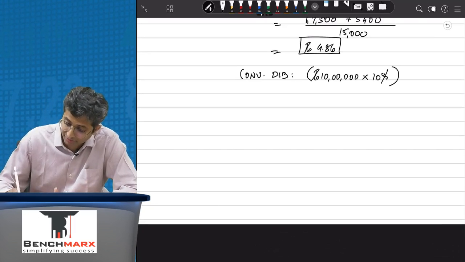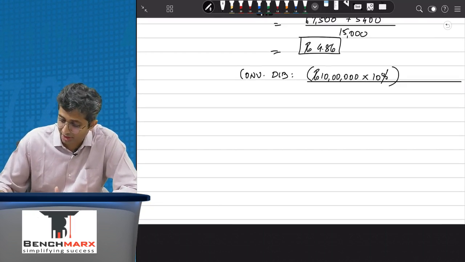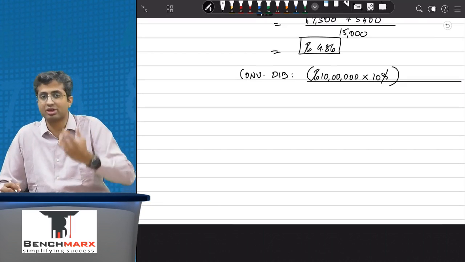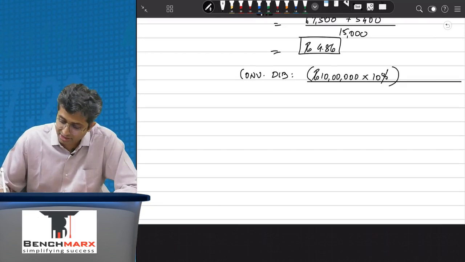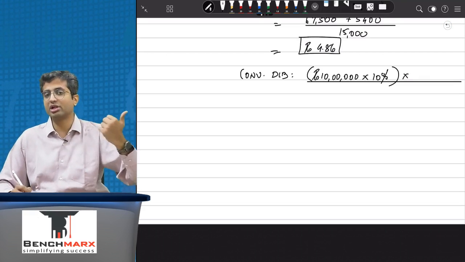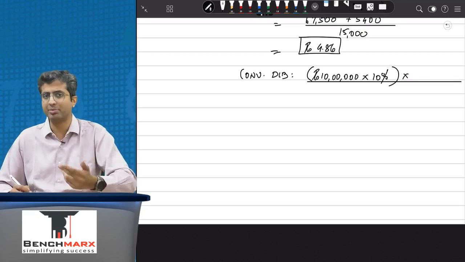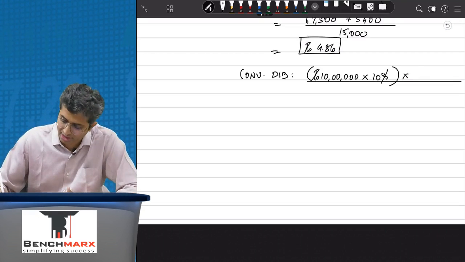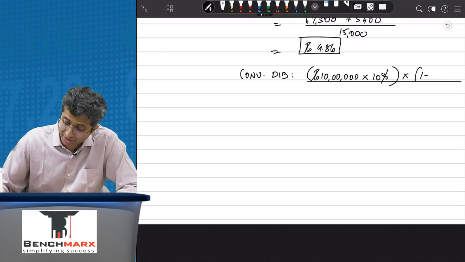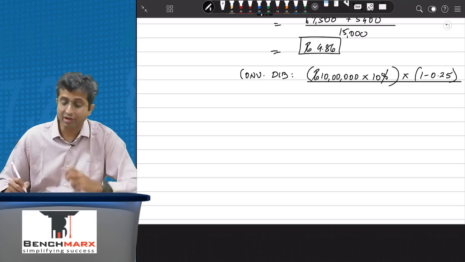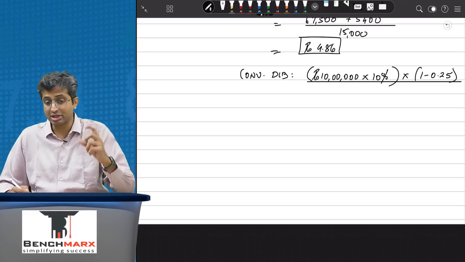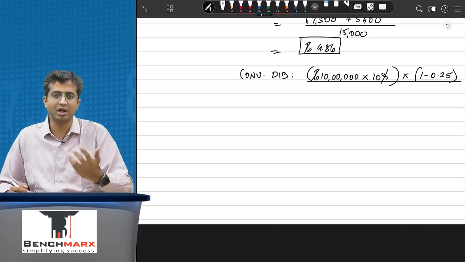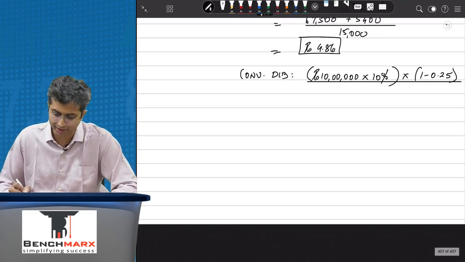So this will be the interest saved. But here you don't have to pay DDT. However, interest is allowed as a deduction while calculating income tax, and as a result, if you are assuming conversion at the start of the year, then this interest will not be paid, and hence your taxable profit will be higher, and hence your cost saving will be the net of tax. There will be a saving because you're saving in interest, but because the profit increases, you will have to pay a higher tax. So the net of tax amount will be taken.